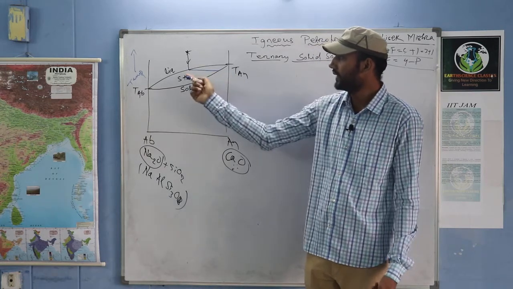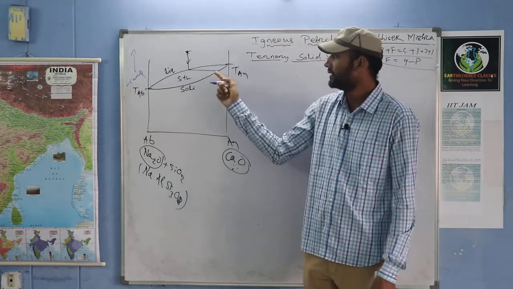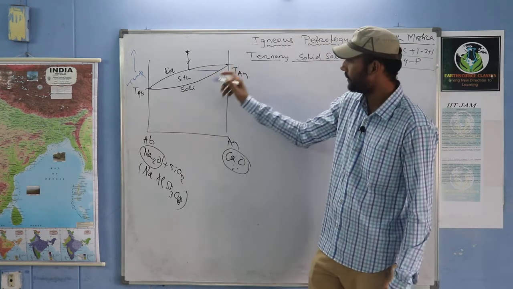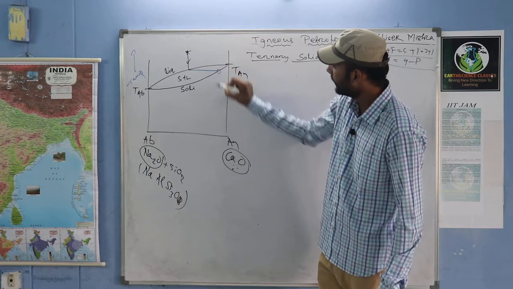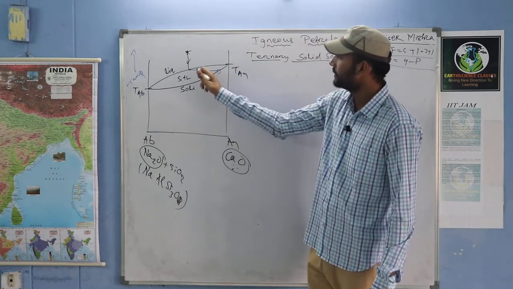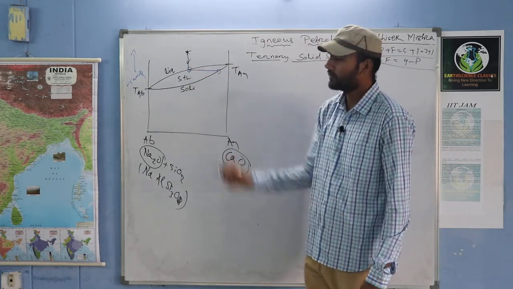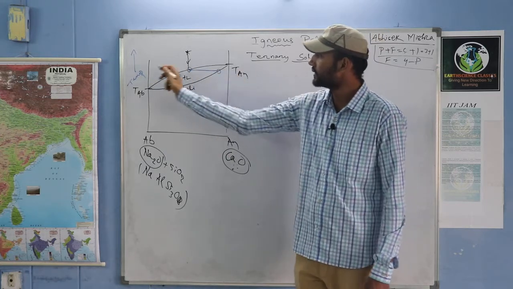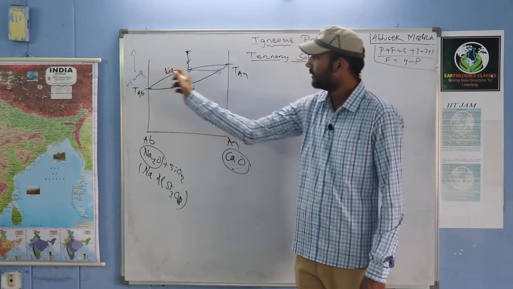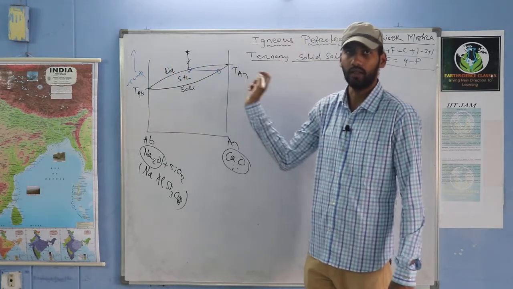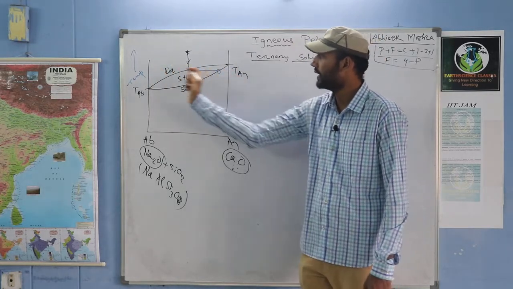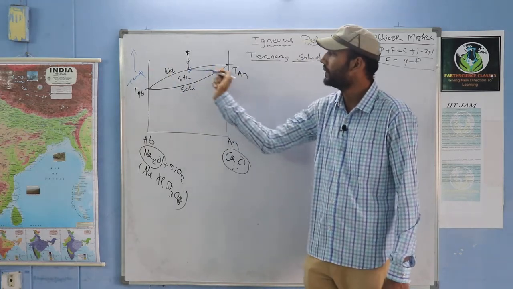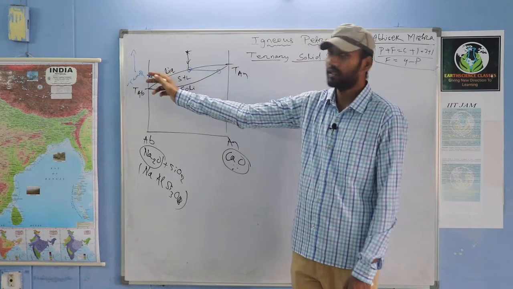What is the meaning of tie line? Tie line means it is representing what? The solid. It is representing the solid which will be formed from this composition of liquid at constant temperature. You can see this is the line, means it is the line of constant temperature. Here if I make a line like this, y will be constant. In an xy coordinate system, y will be constant. That means temperature is constant.